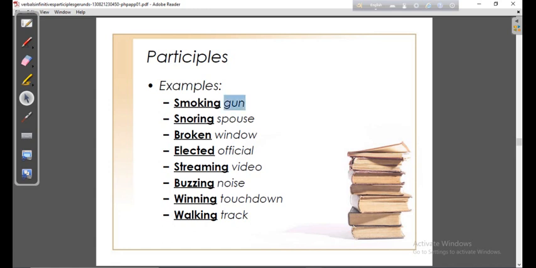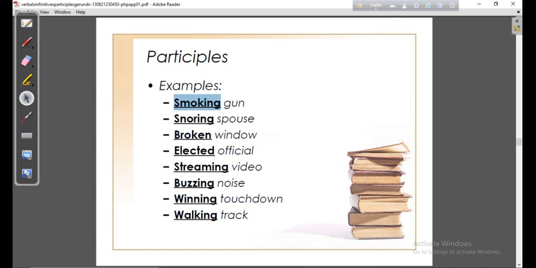And you know, if a word modifies a noun, then it is called an adjective. So here, smoking is a verb form, but it is modifying the noun, so smoking here is an adjective.